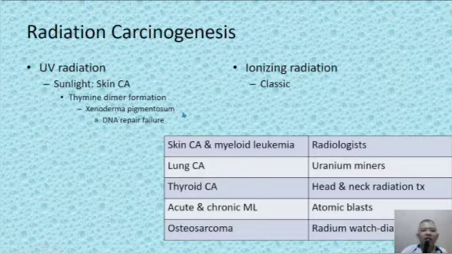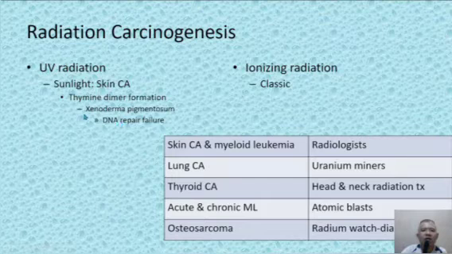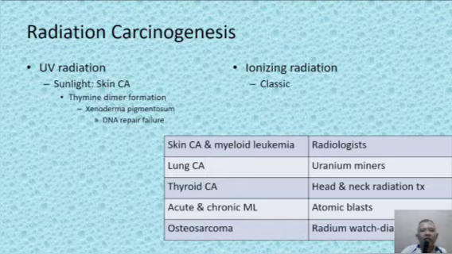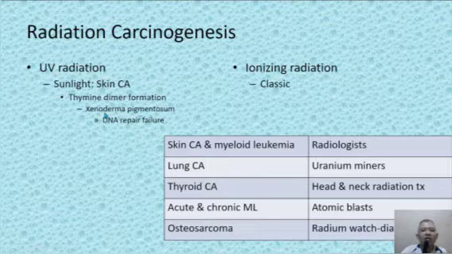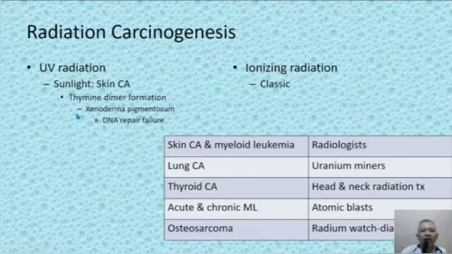That's why in cases of xeroderma pigmentosum, wherein there is a failure in DNA repair, the thymine dimers persist, and you will surely have skin CA.